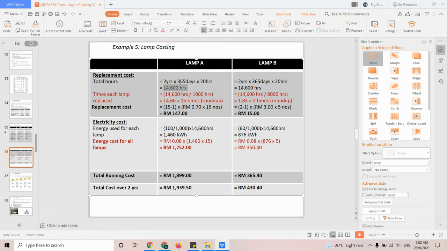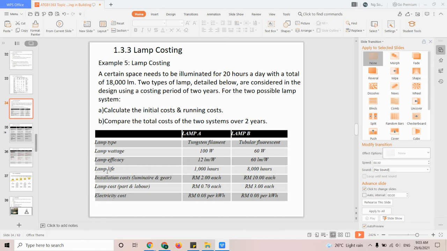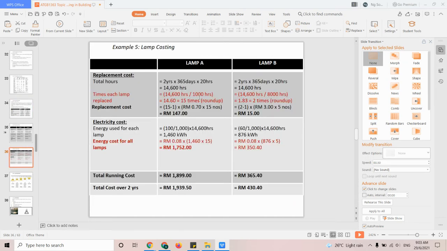Then based on this amount of hours it needs to be on, you have to divide it by the lifespan. In this case for lamp A, the lifespan of this light is 1,000 hours, which is mentioned here. So after 1,000 hours, this light needs to be replaced. So we divide the hours it needs to be on by the lifespan, and we get a value.